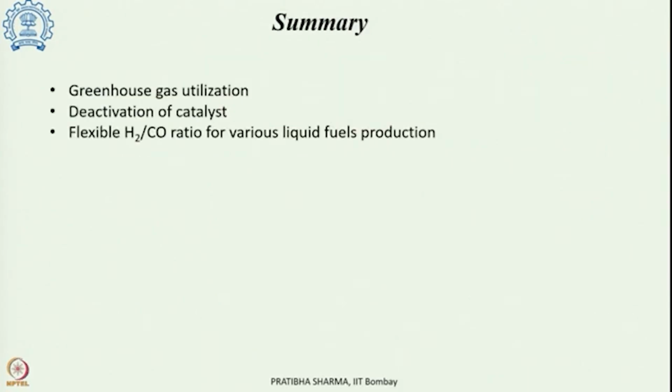To summarize what we have seen today, various greenhouse gases can be utilized for reforming processes either to produce hydrogen, or if the H2/CO ratio is not appropriate, then that can be used for producing various other chemicals or Fischer-Tropsch liquid fuels. But when we are using carbon dioxide as an oxidant, we have seen the major problem is related to the deactivation of the catalyst.